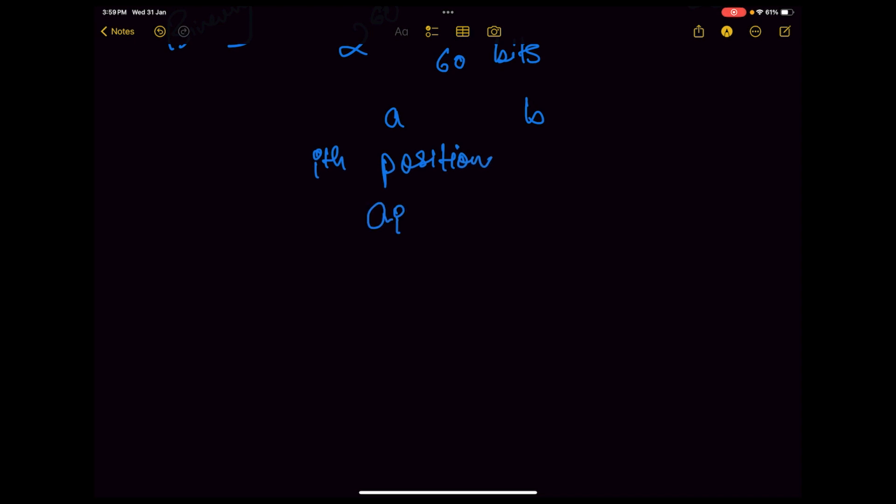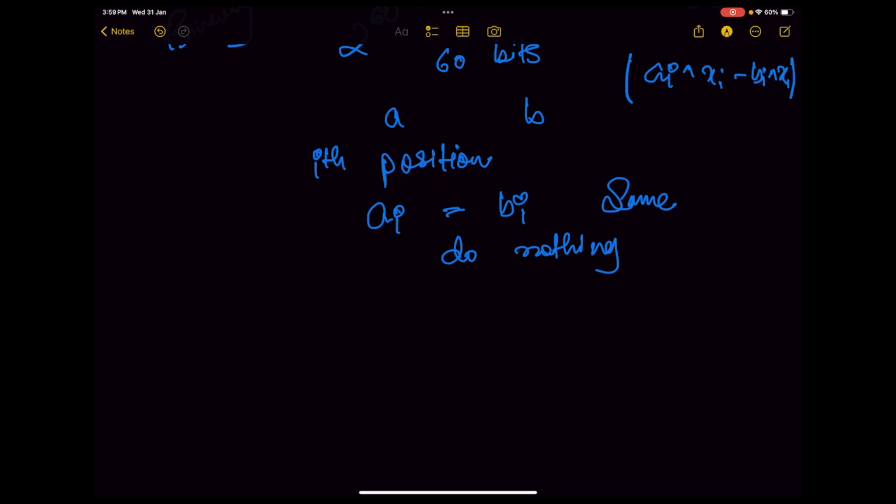If the bit at the ith position for a as well as for b are the same, then do nothing. Why? Because I want to minimize the difference. If ai is 1 and xi is 0, it would be 0.